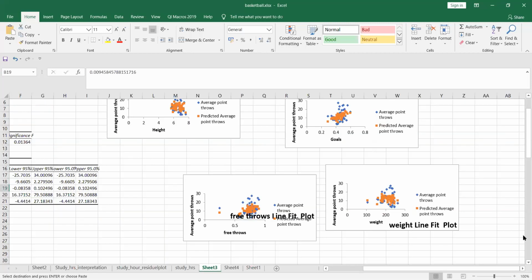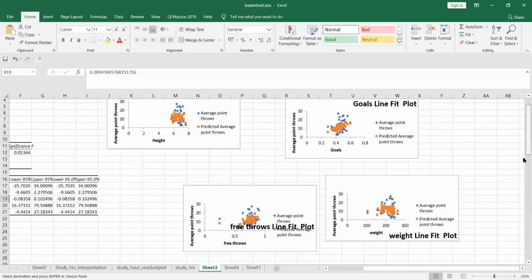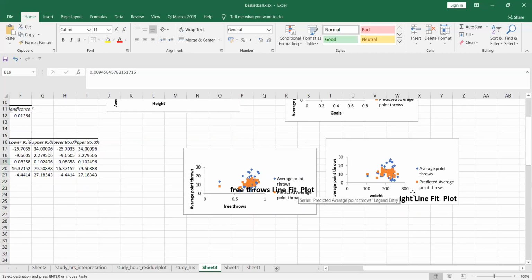This is with respect to the variable. Now what we can infer from this is that it is not giving you a linear trend. If you see the height with this and with this, neither of them gives you a linear trend.